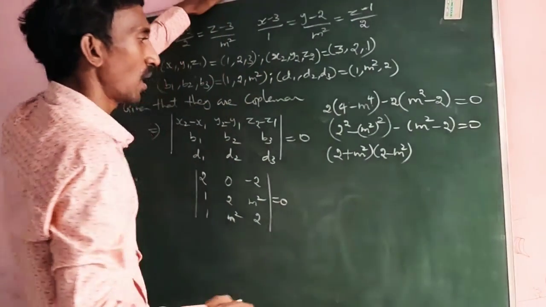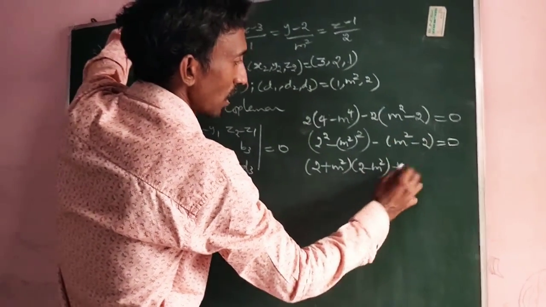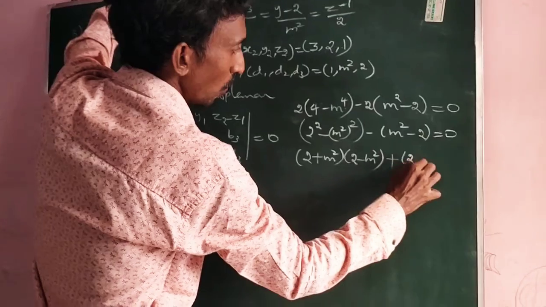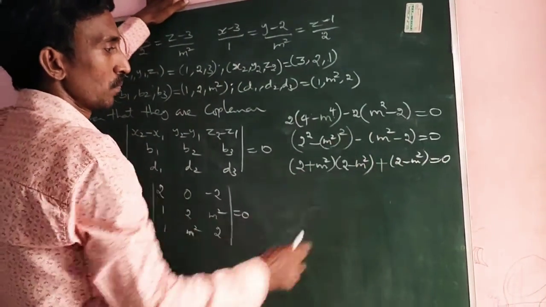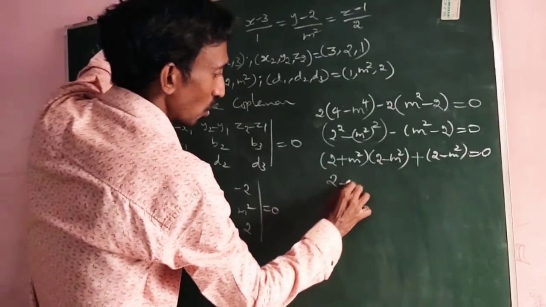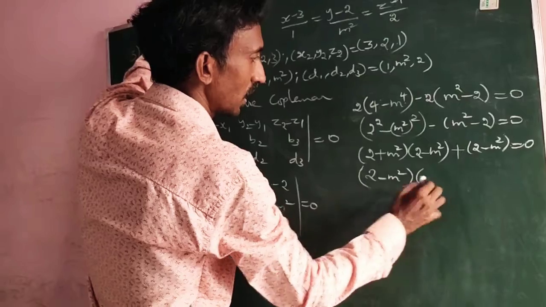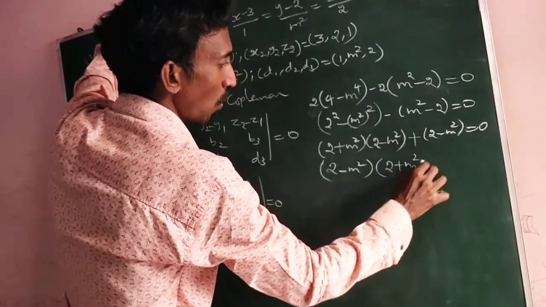So minus of, or you can take the minus outside, becomes plus, plus 2 minus m square. I am making a slight change. So now 2 minus m square is common, take it outside. So 2 minus m square into, here 2 plus m square, here 1.